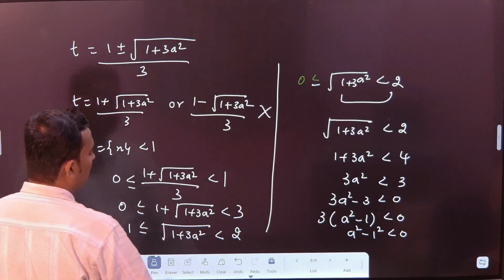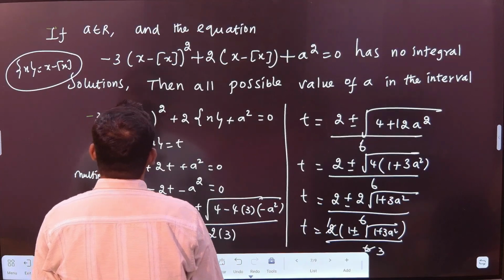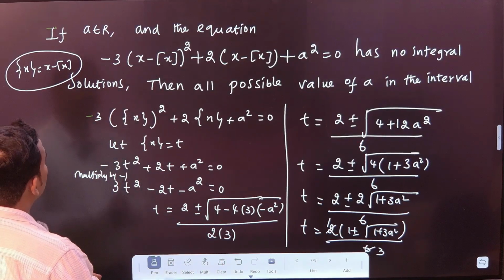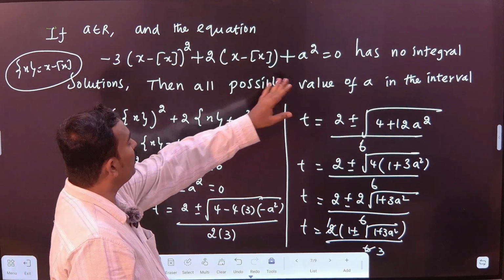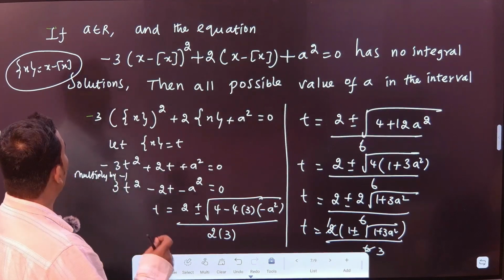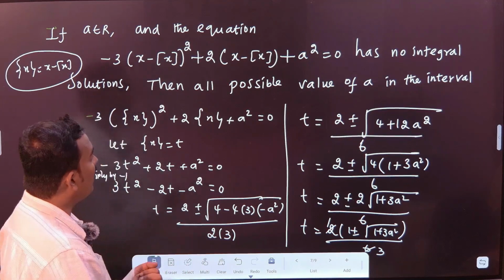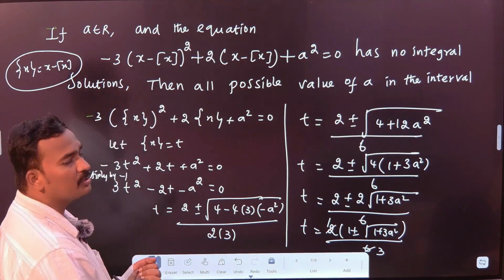What will happen here? What is the condition? a belongs to real numbers. So you can see the condition is that there is no integral solution. No integral solution means what? 0 is also a solution, right?